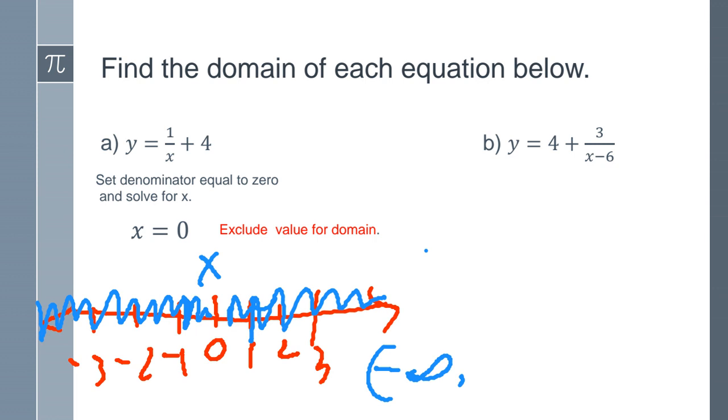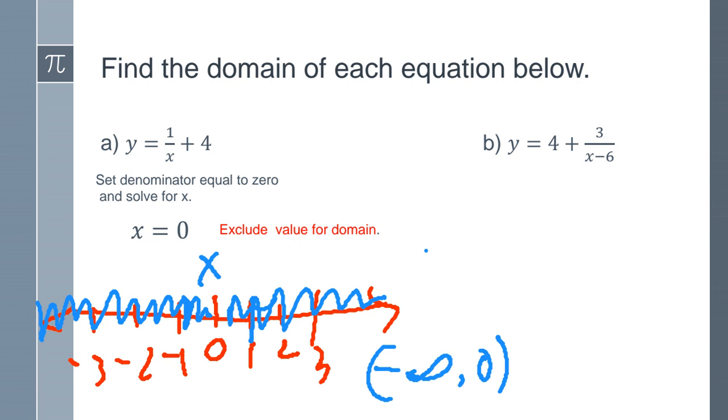So I'm going to put 0. And then you could be thinking, well, you just said we cannot use 0. So if you use a parentheses, that means that the number 0 is not included, okay? But we have to keep 0 there because there's a bunch of little numbers that are really close to 0.